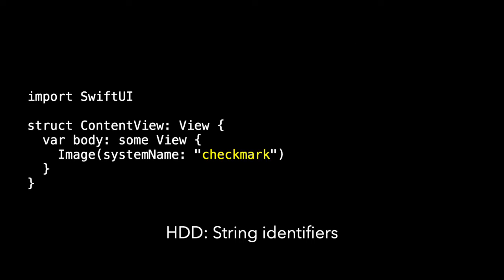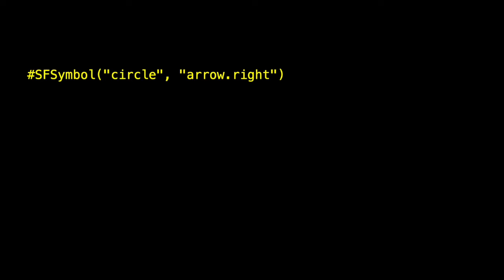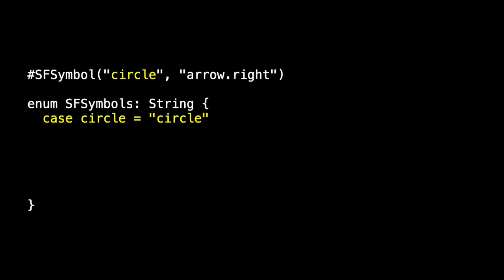If I change checkbox to checkmark, this code now works and we see the checkmark on the screen, but again, we're using a string identifier. So let's imagine a macro that creates enums with cases derived from these strings. I might have a macro named SF symbol, and if I pass in the strings circle and arrow.right, I'd like this to expand into an enum named SF symbols, where circle becomes the case circle, and the string is circle, and arrow.right will expand to the case arrowRight, and there's the string arrow.right.